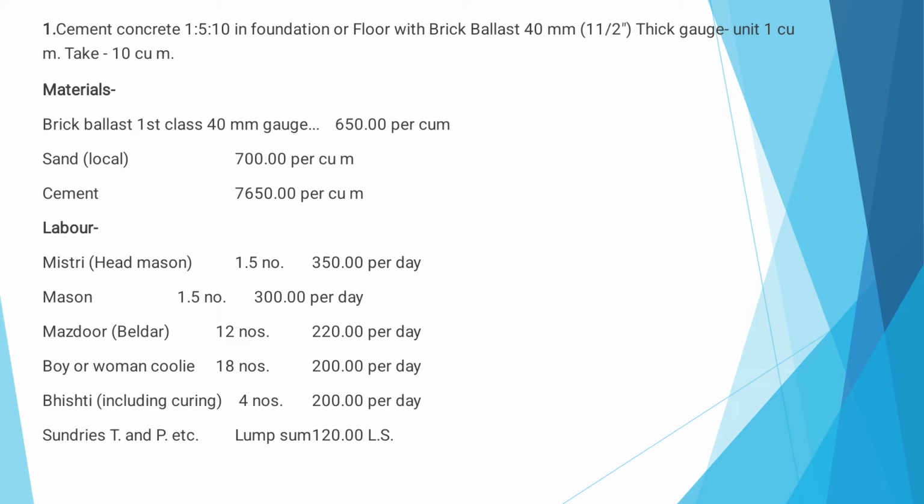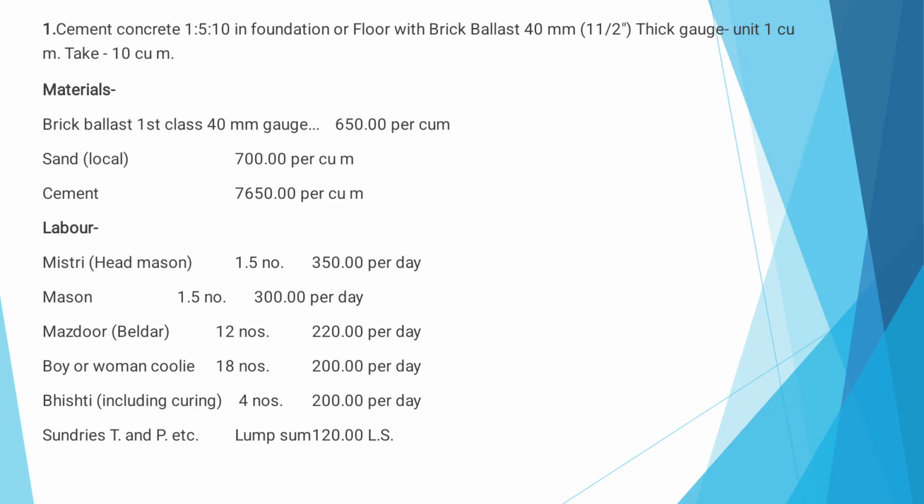Next, one example: cement concrete 1:5:10 in foundation or floor with brick ballast 40 mm, that is 1.5 inch thick gauge, unit 1 cubic meter, take 10 cubic meter. First we give the materials.